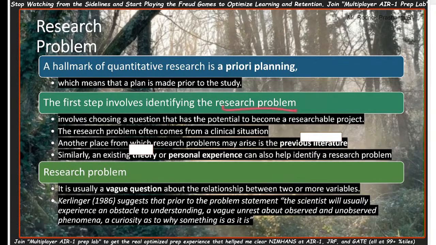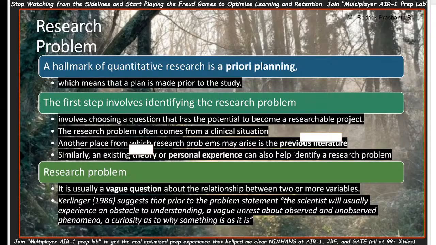But how is it different from a hypothesis? So hypothesis is usually a very specific, testable, declarative statement. Research problem is usually kind of a vague question about your variables, maybe relationship of variables, difference or presence or absence of variables. The research problem is a very vague question, not a specific question.